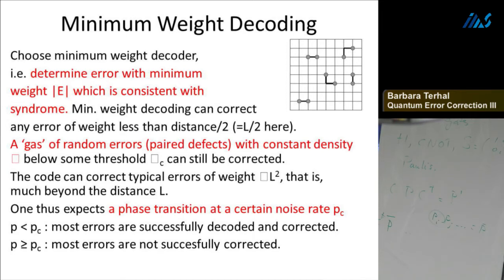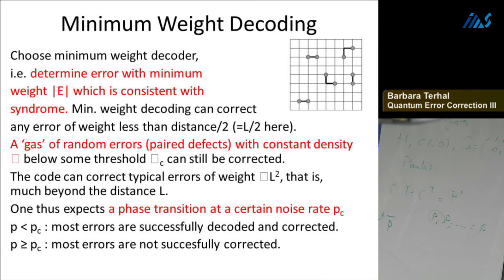What I tried to talk you into is that if you take L going to infinity, we have to see the following behavior. Below some critical value of P, most errors will be successfully decoded and corrected, so the logical error rate will be 0. While above this threshold, most errors are not successfully corrected.